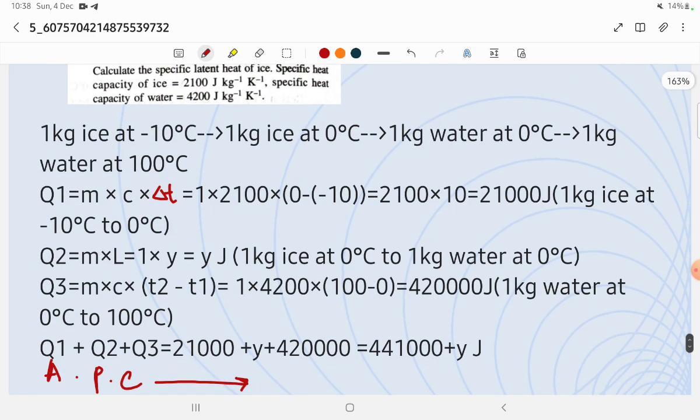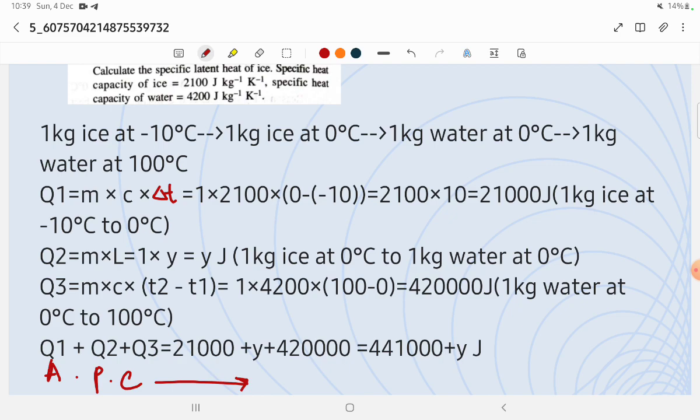Next, Q2, where 1 kg ice at 0 degree centigrade will be changed into 1 kg water at 0 degree centigrade. Here state change will occur keeping the temperature constant at the melting point. So here we have to use Q equals ml, because there will be no change in temperature.